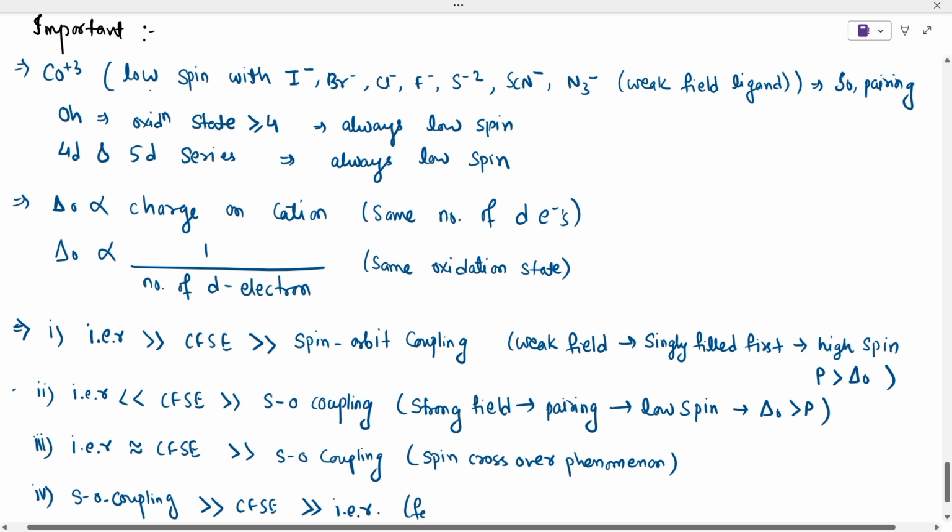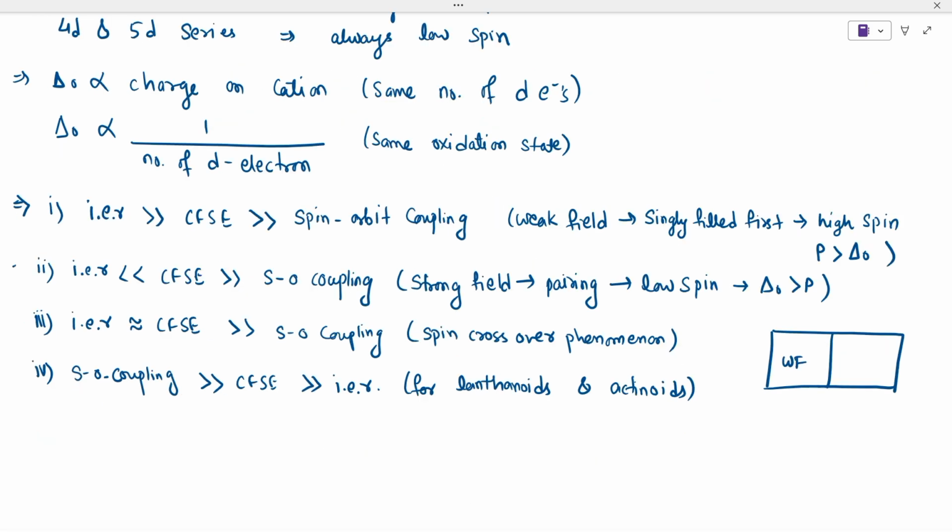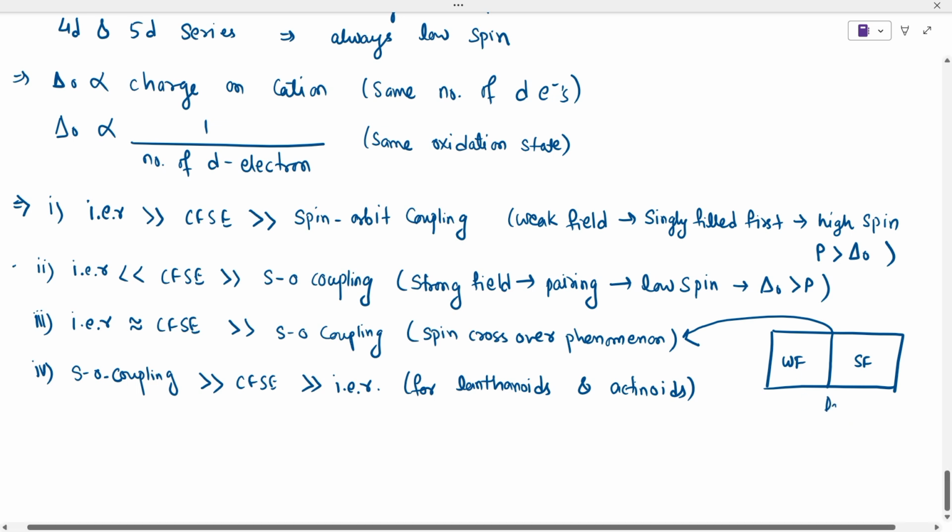This is the case for lanthanoids and actinoids. Here this side weak field ligands, this side strong field ligands, and this barrier is spin crossover. In this case Dq towards strong field ligands increases and towards weak field ligands decreases.